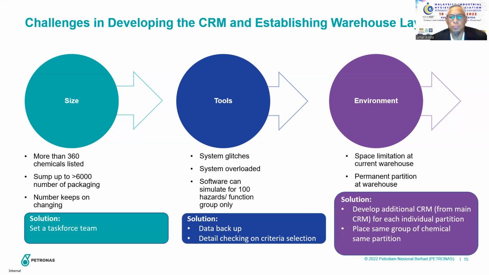To overcome this problem, we developed additional CRMs, just a breakup from the main CRM for each individual partition, and placed the same group of chemicals in the same partition. This makes the generation of sub-CRMs much simpler compared to the main CRM.